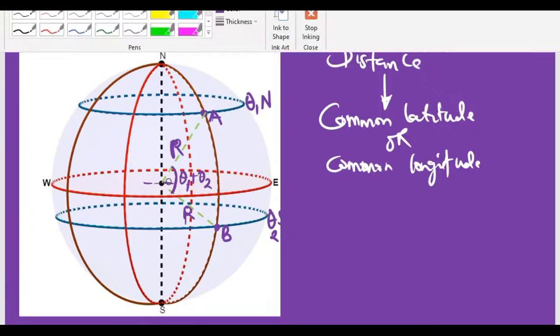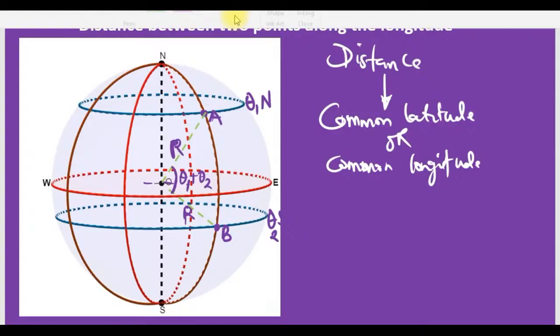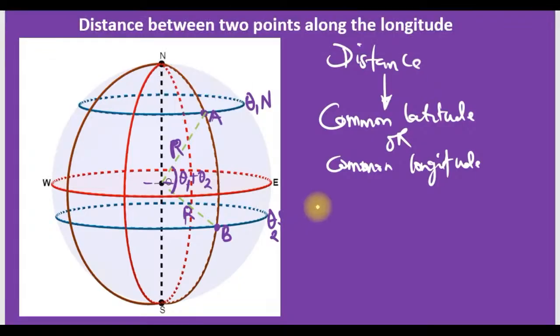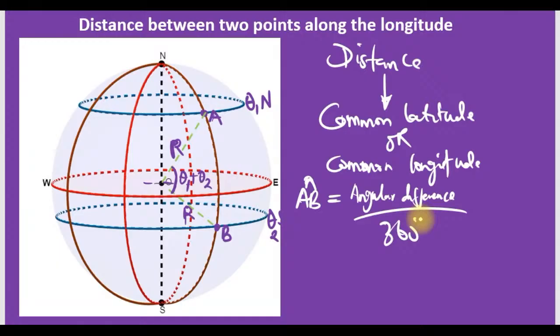If you remember, our formula for the length of arc AB is the angular difference, which is the latitude difference, over 360 times 2 pi r, where r is the radius of the earth.